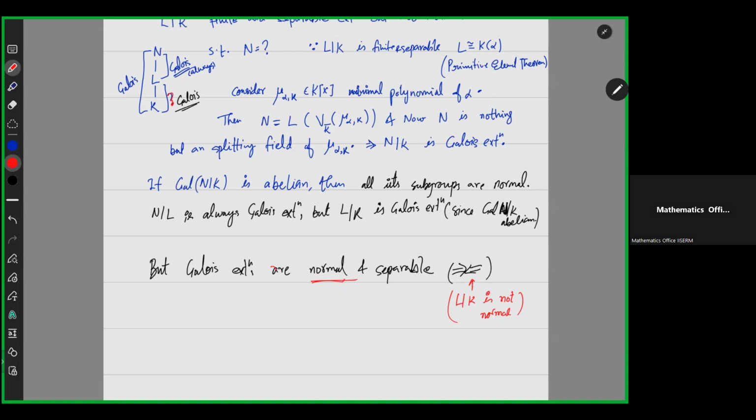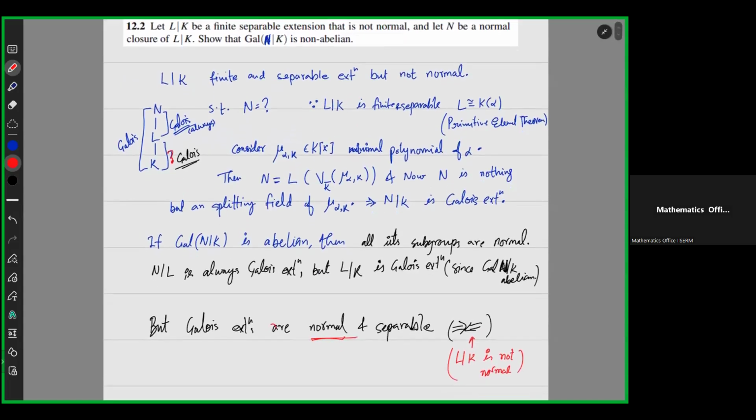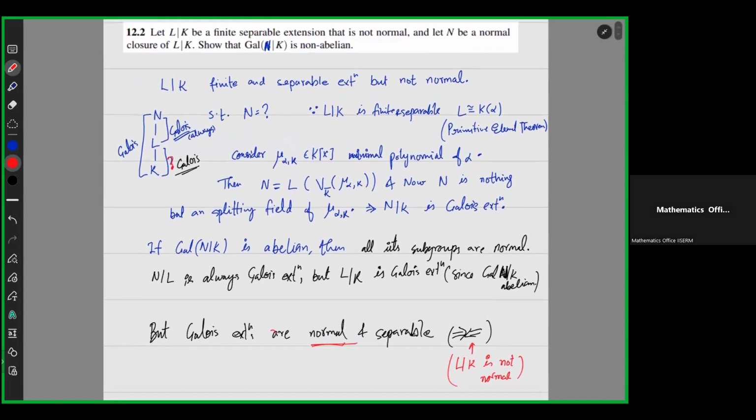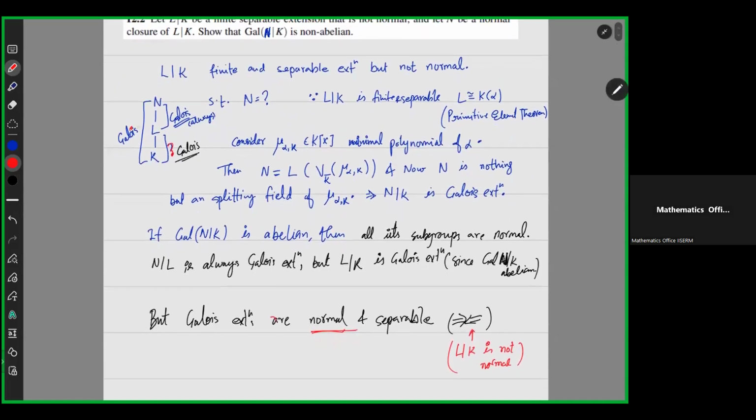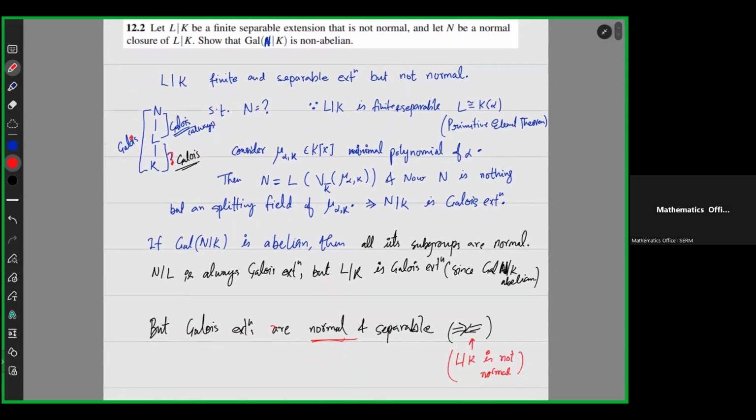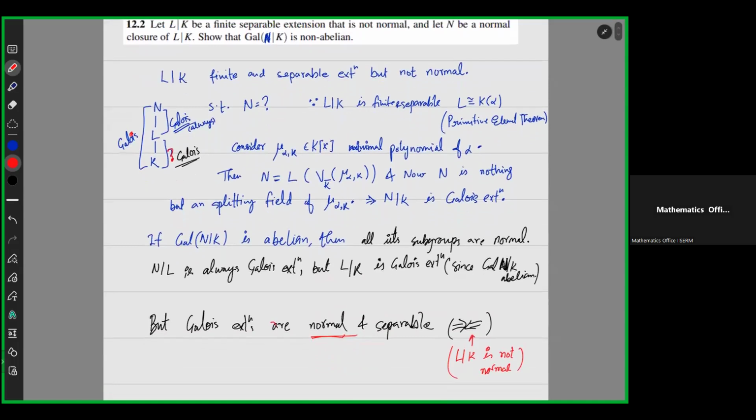This is how we see it. I think this was done in previous weeks, the 8th or 9th week, when an extension is Galois.